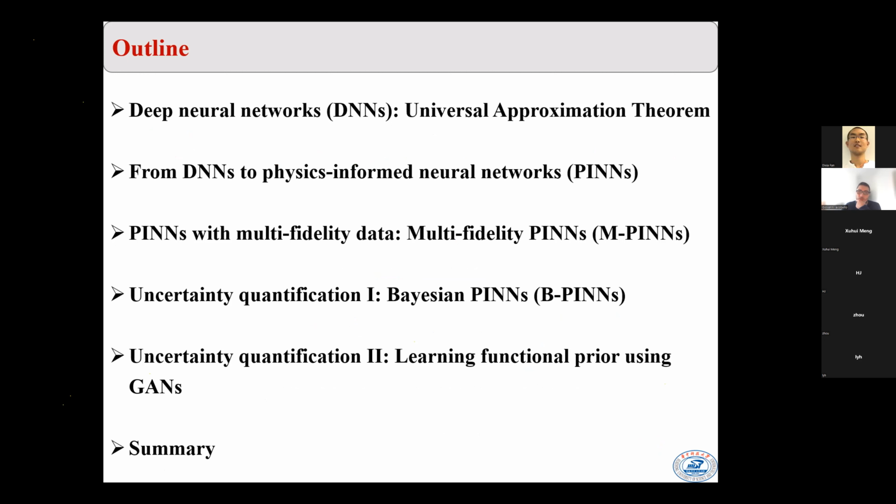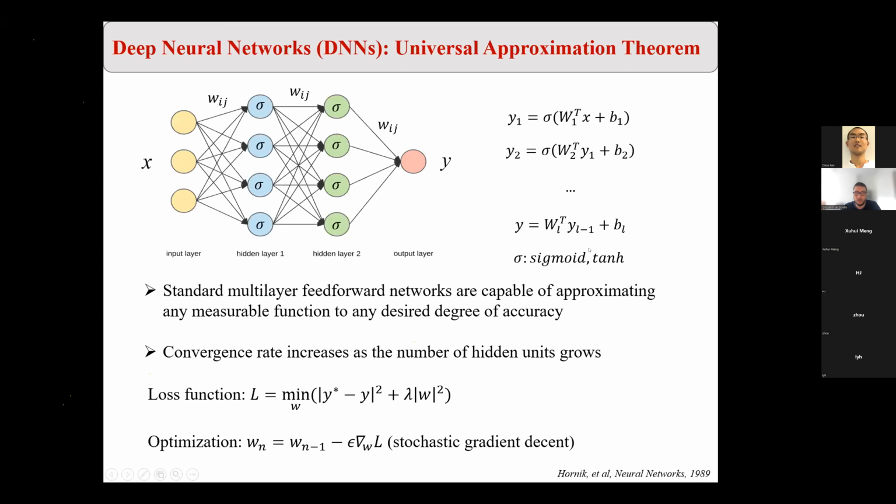We call it multifidelity PINN, or MPINN. And also two uncertainty quantification methods to quantify uncertainty in PINNs and also neural operators. And then the summary.